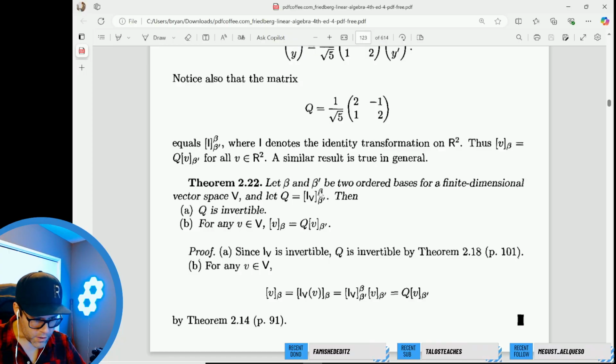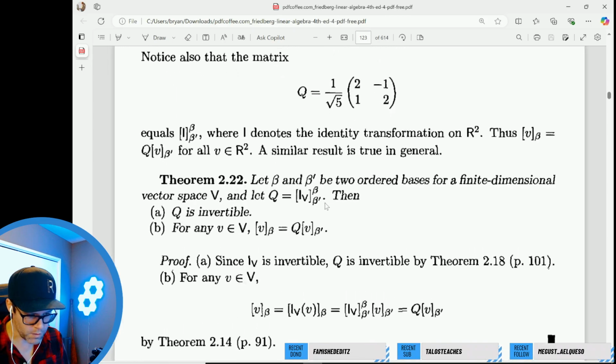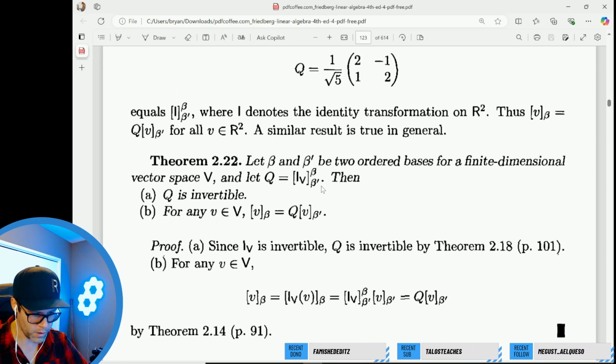So I'm just trying to understand their notation here. This is what always confuses me when I'm teaching change of basis: which one's which? Which one's on the bottom? Is that the one that we start with? And then the one on top is usually the one that we're trying to get to, I believe.